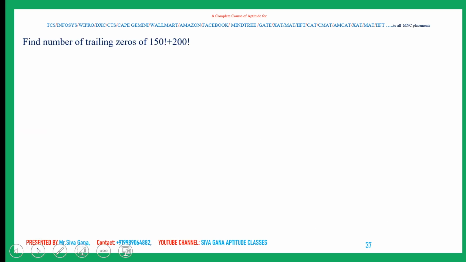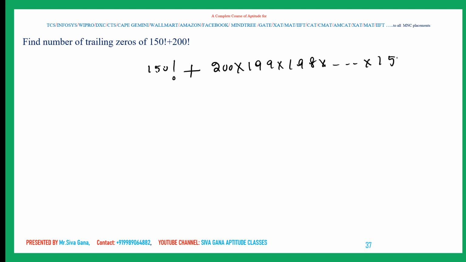Find the number of trailing zeros in 150 factorial plus 200 factorial. 200 factorial can be written as 200 into 199 into 198 and so on down to 151, into 150 factorial.